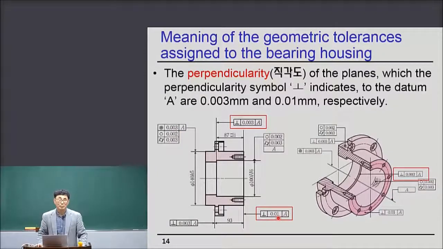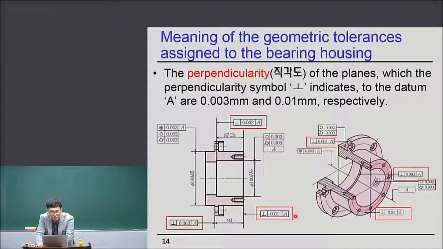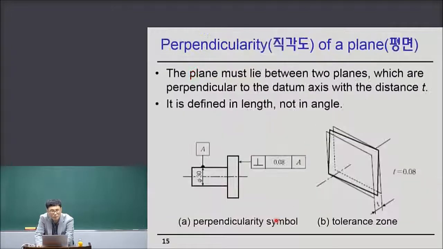Perpendicularity is assigned by the distance unit, millimeter. Another one is here, the surface which is hidden from this direction. Oh, sorry. So that's it, three perpendicularities.